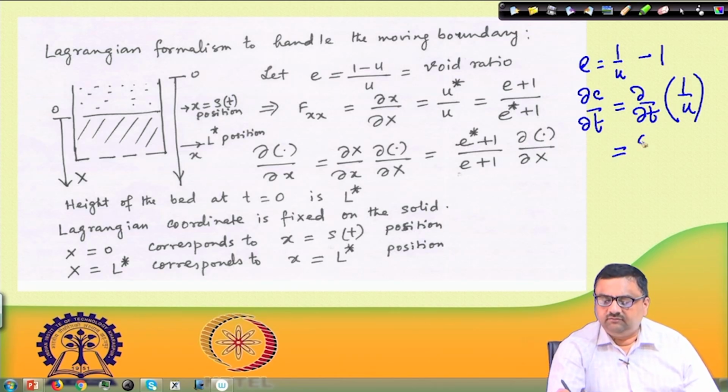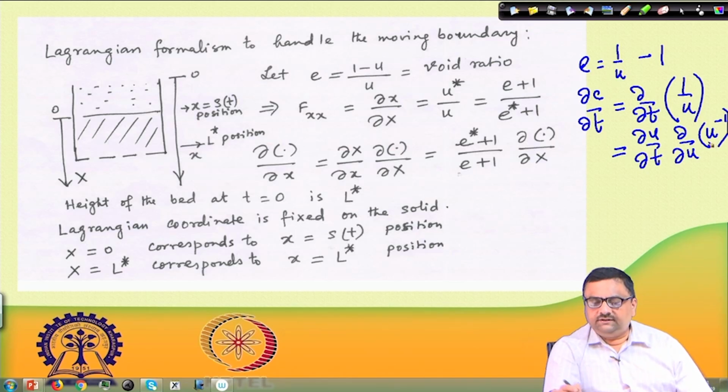So, that would be equal to del u del t and del u of u to the power minus 1. Okay, so this is how one has to convert this del E del t.